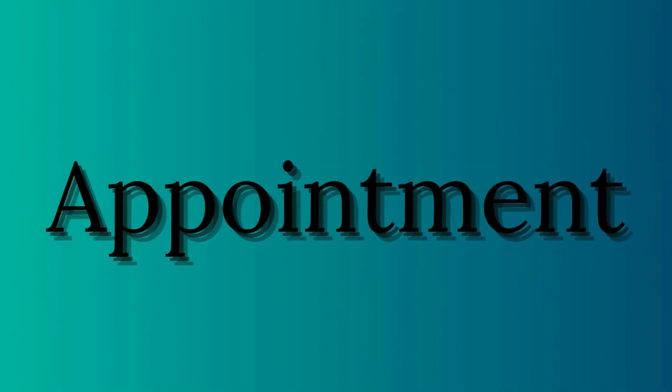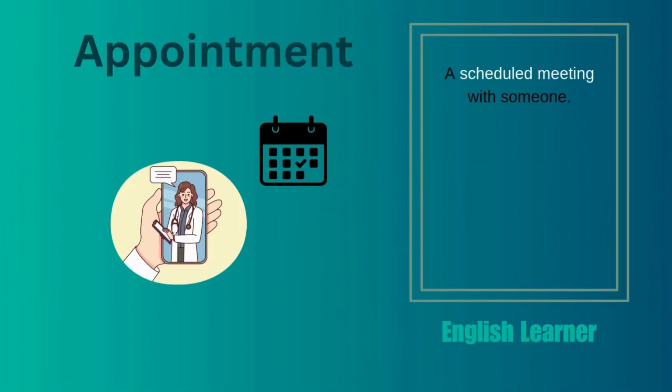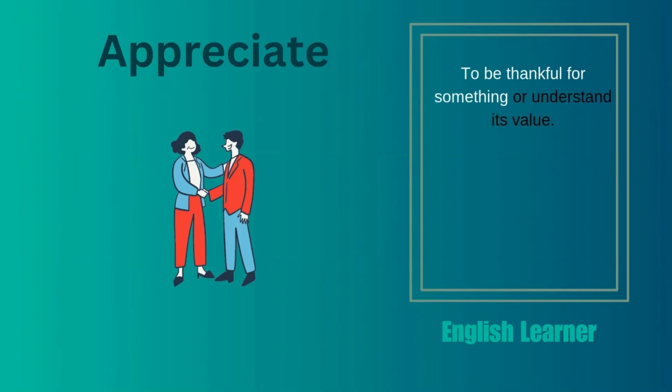Appointment. A scheduled meeting with someone. Example. I have a doctor's appointment tomorrow afternoon. Appreciate. To be thankful for something or understand its value. Example. I really appreciate your help with my homework.